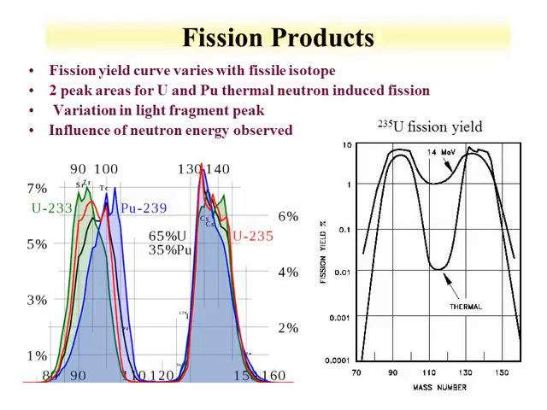For instance, if we look at the ratio of zirconium to technetium, we follow the green for uranium-233. You see that zirconium divided by technetium would be a number greater than 1. If we looked at uranium-235, they're approximately equal. That number would be very close to 1.